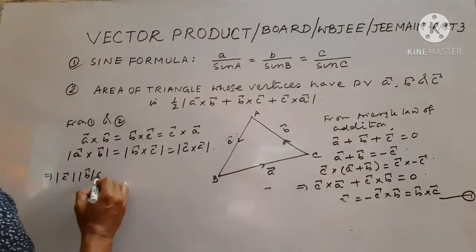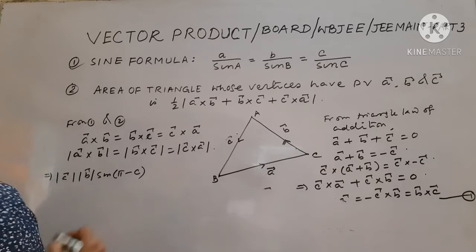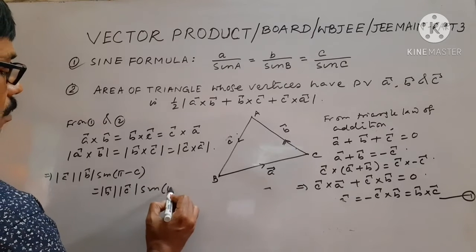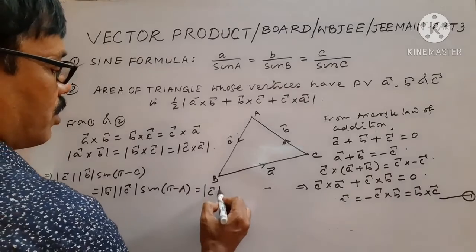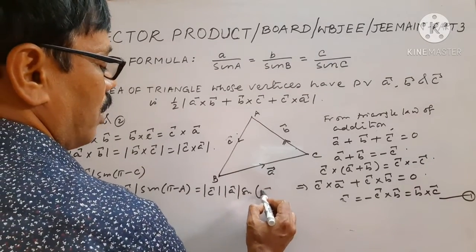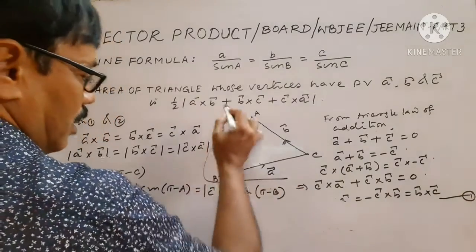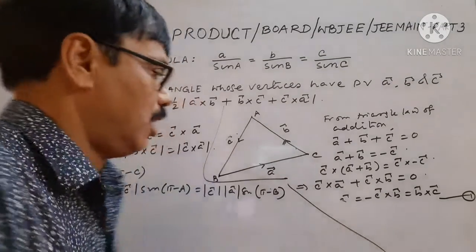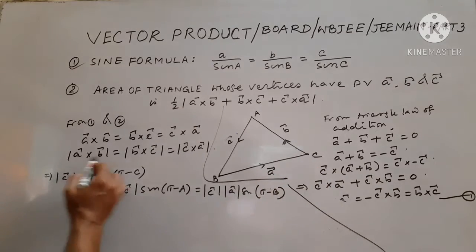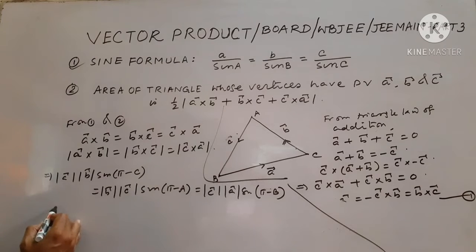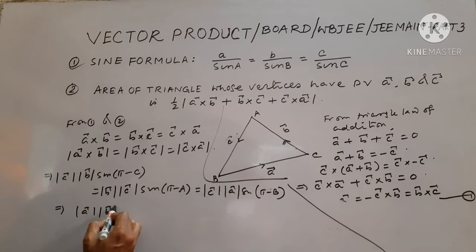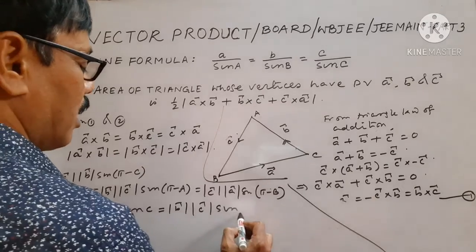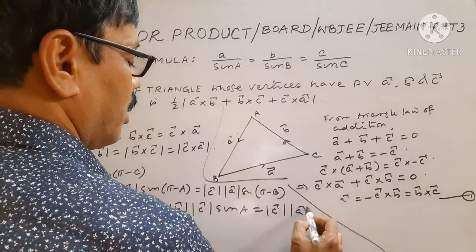So the angle is pi minus C. So sine of pi minus C. This is magnitude of B, magnitude of C, sine of pi minus A, equals magnitude of C, magnitude of A, sine of pi minus B. So taking the definition of cross product, the angle between A and B is not C but pi minus C. So magnitude of A, magnitude of B, sine C. Magnitude of B, magnitude of C, sine A. Magnitude of C, magnitude of A, sine B.